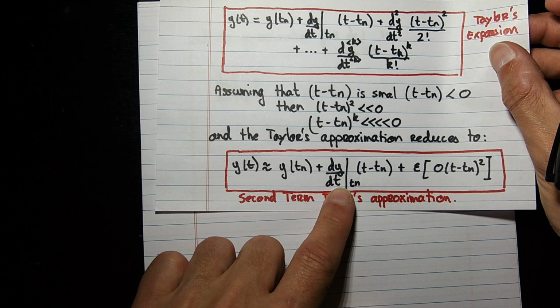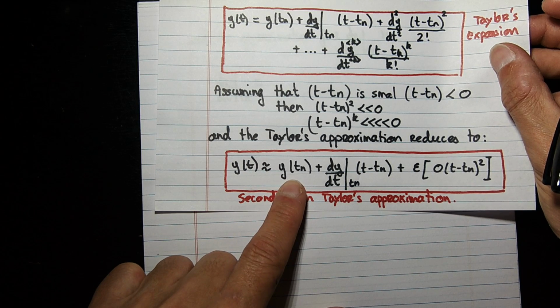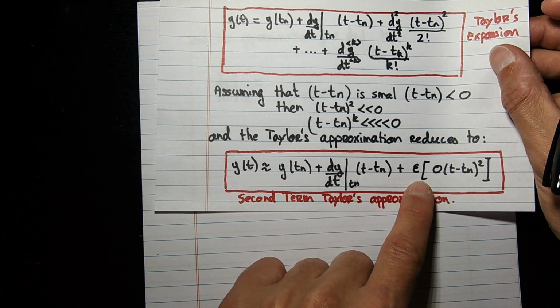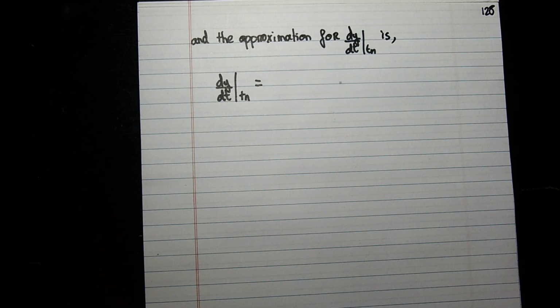It would be y of t minus y of t_n divided by t minus t sub n, plus now the order, but instead of being squared, it would just be of order 1.